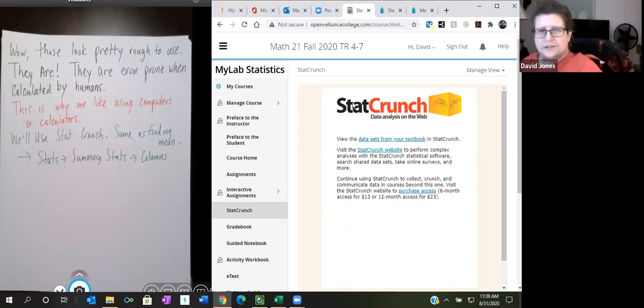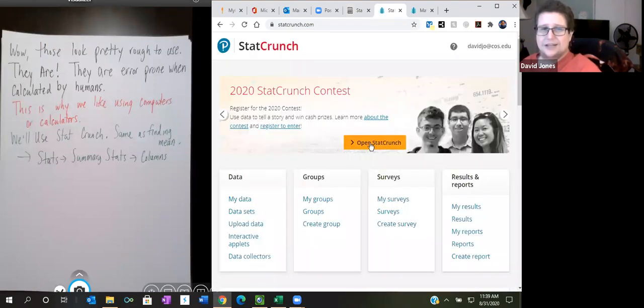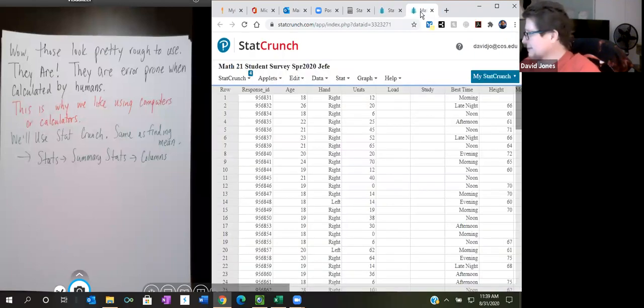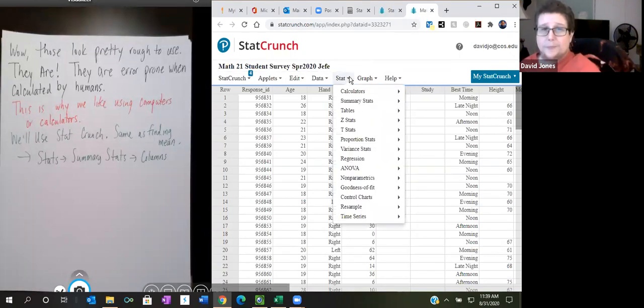Let's do it now. So in my stat lab, remember, scroll down to StatCrunch, select it, click visit the StatCrunch website, which gets you there. Then either open a new StatCrunch to enter data or open a data set you've already saved. I've got a data set here that I'm going to use. Let's look at siblings to illustrate the example.